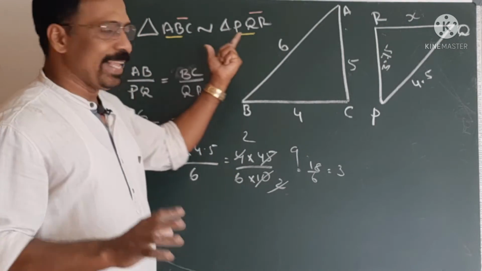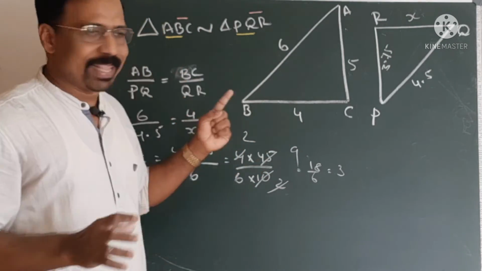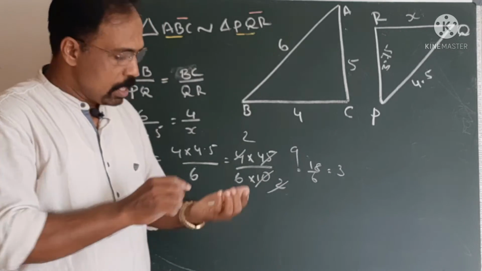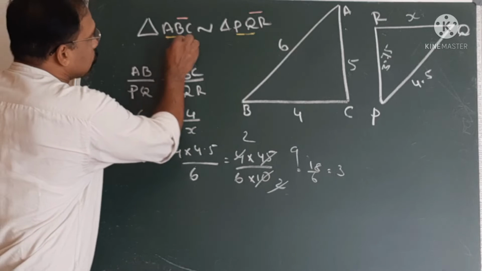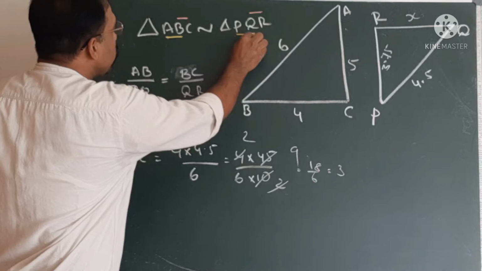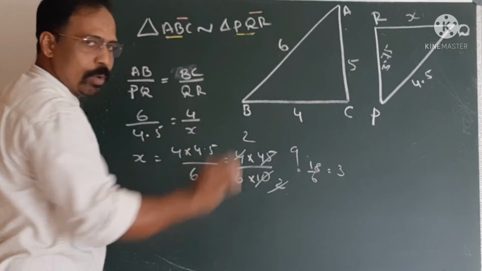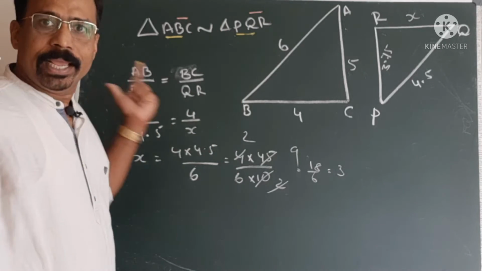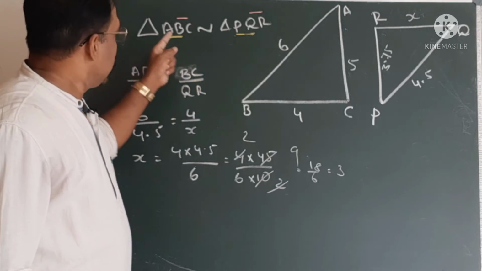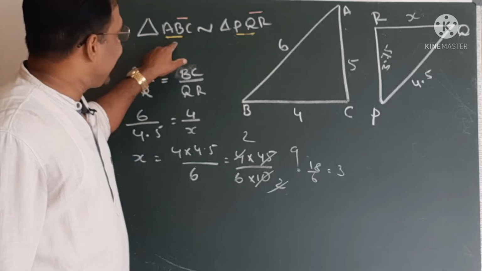So whenever they are giving you the sequence, that is triangle ABC is similar to triangle PQR, we can equate AB is proportional to PQ and BC is proportional to QR. You don't have to worry about anything. Just look at this sequence. Here it is in the form ABC.